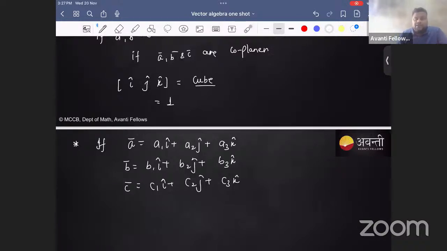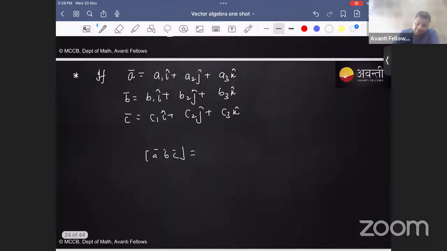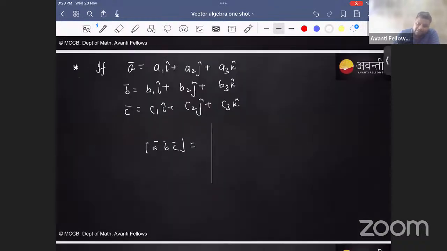Then box ABC will be the determinant of A1, A2, A3, B1, B2, B3, C1, C2, C3. Am I clear? So this is how you can calculate box ABC for any three vectors, as the determinant of A1, A2, A3, B1, B2, B3, C1, C2, C3.